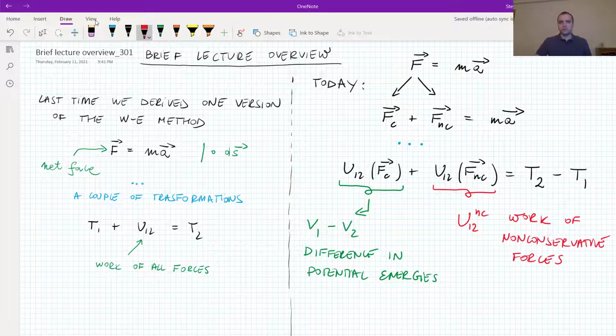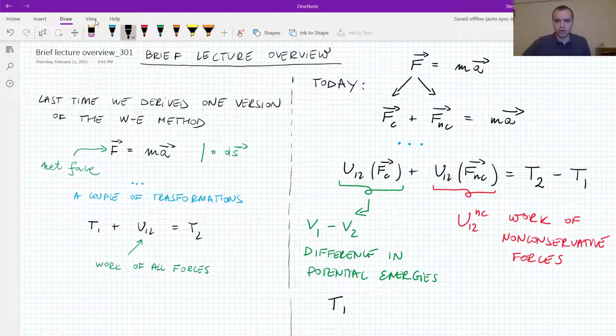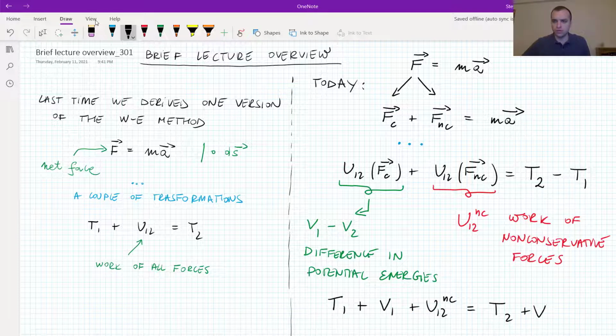So as you can see, we ended up with an equivalent form of this expression: T1 plus V1 plus U12 non-conservative is equal to T2 plus V2.